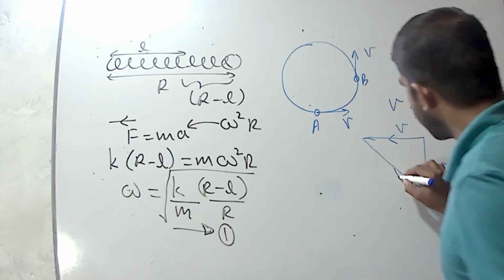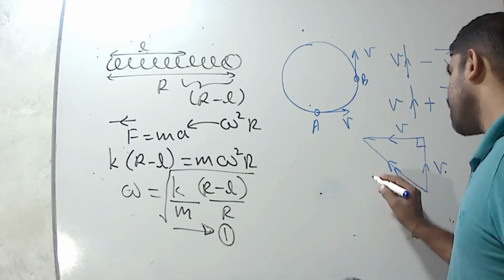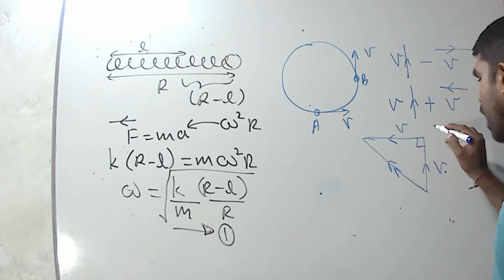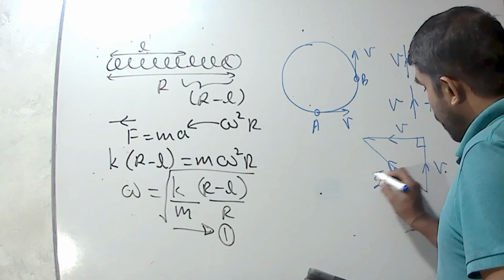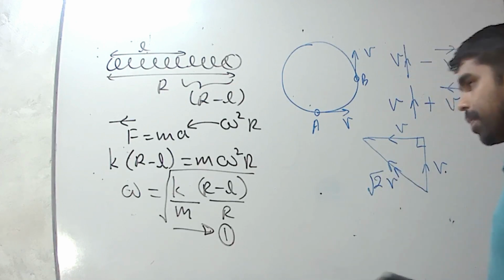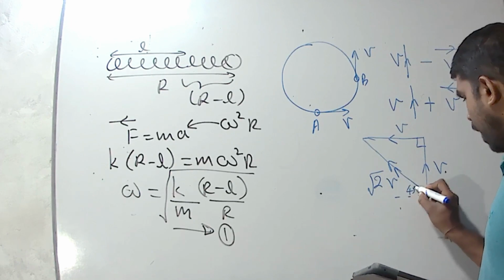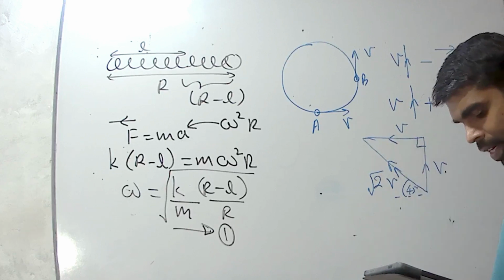Then the resultant is this one. We can use Pythagoras theorem: v squared plus v squared, 2v squared, root 2 v. And this angle is 45 degrees. Root 2 v with 45 degrees.